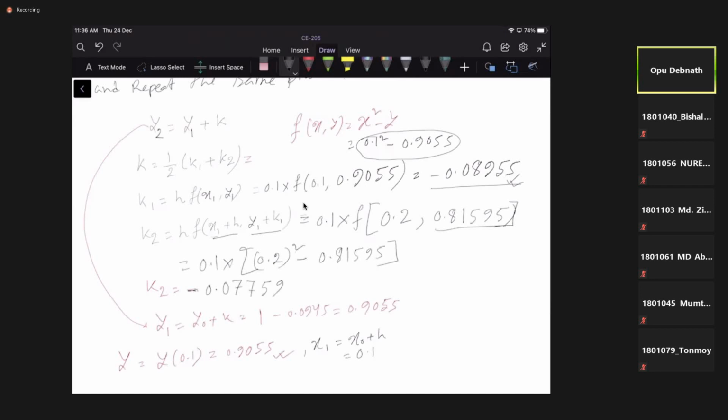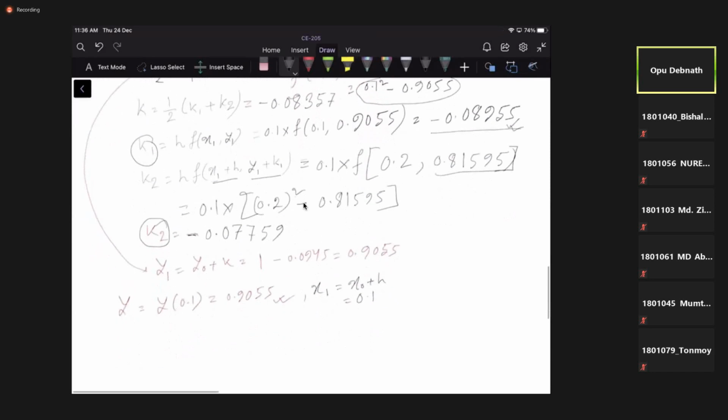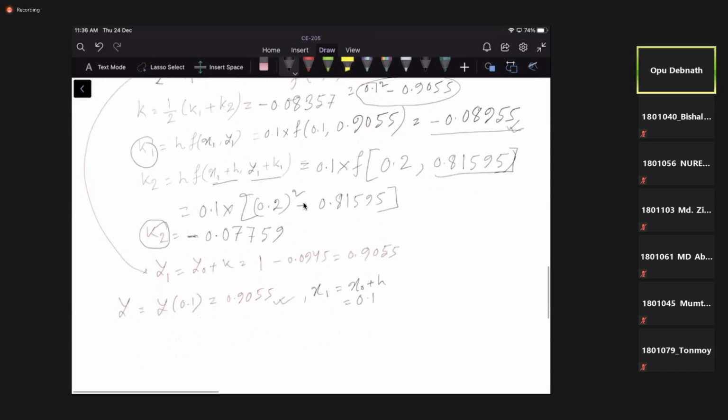So you have already calculated k1 and k2, and the k value will finally be minus 0.08357.